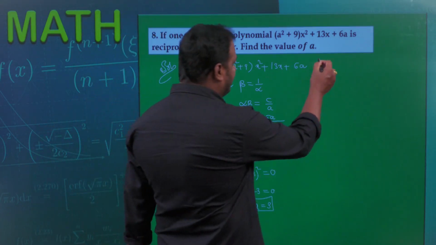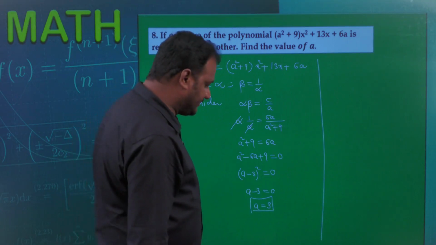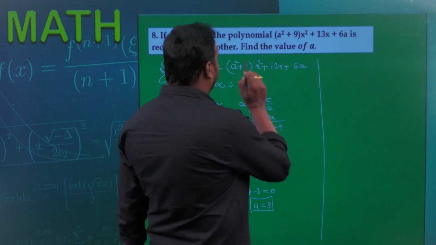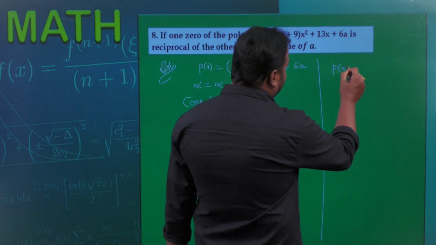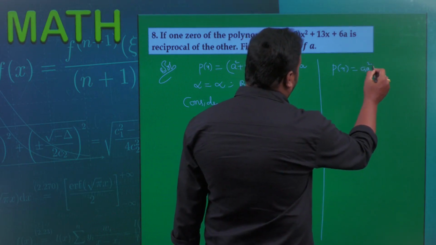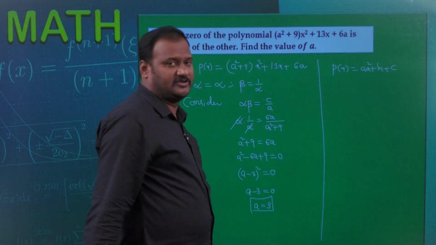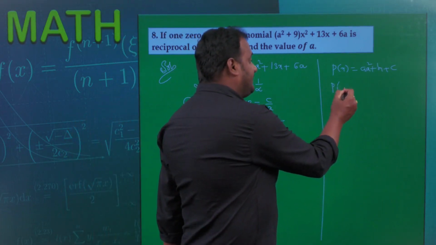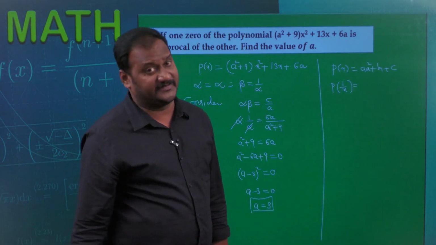But this problem can be answered in another way also. Suppose this problem is given for 1 mark; it can be given for 1 mark questions also. If one zero is the reciprocal of the other, for example, p of x is ax square plus bx plus c, then that equation will be p of 1 by x, because 1 by x is the reciprocal of x, right?